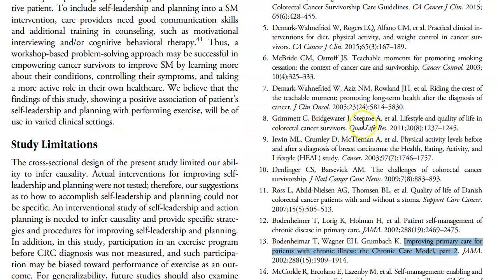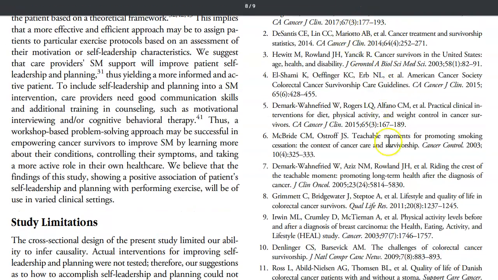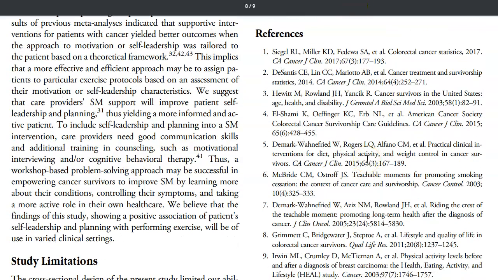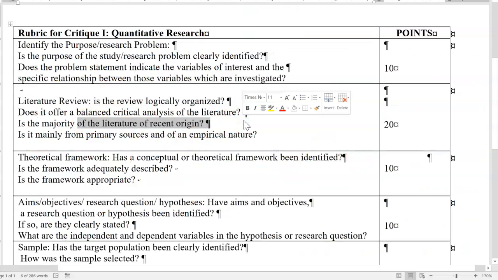Some of these issues in terms of lifestyle and colorectal survivorship, now, it might be that there's not newer information, although I highly doubt that. Still, a lot of this is kind of old. So that is an important thing that you might want to keep in mind when you're doing that critique. So is it of recent origin? I would say no in this case. There were a couple, but for the most part, they were slightly to much older.